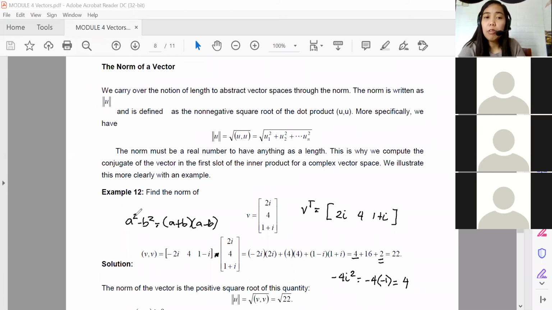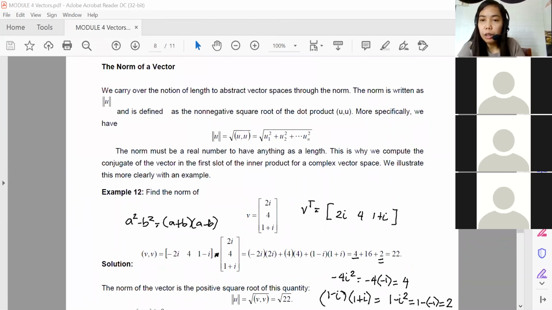What you just multiply is first to first, last to last term. 1 minus i multiplied by 1 plus i. Multiply only first to first, last to last term. 1 times 1, that is 1. Negative i times i, negative i squared. And then simplify. 1 minus i squared, that is equal to negative 1. So when we simplify this, that is equal to 2.